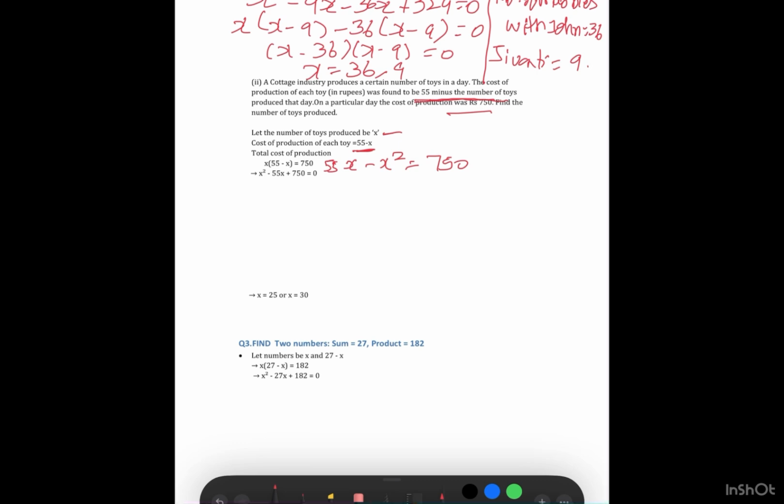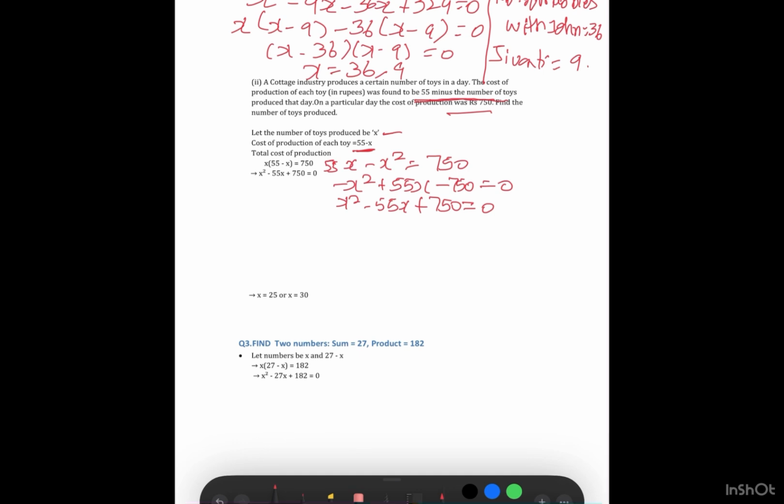That will further mean that minus x square plus 55x minus 750 is equal to 0. Again, let us remove the minus sign from the first coefficient of x square. So dividing throughout by minus, I'll have x square minus 55x plus 750 is equal to 0.